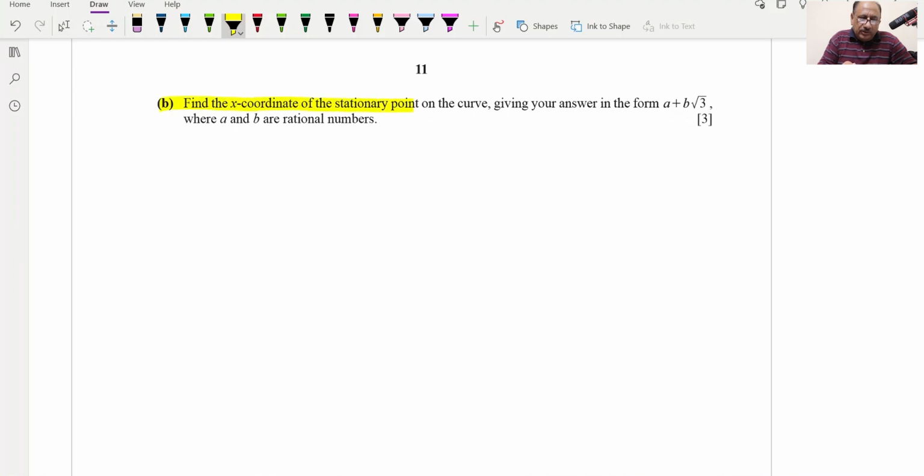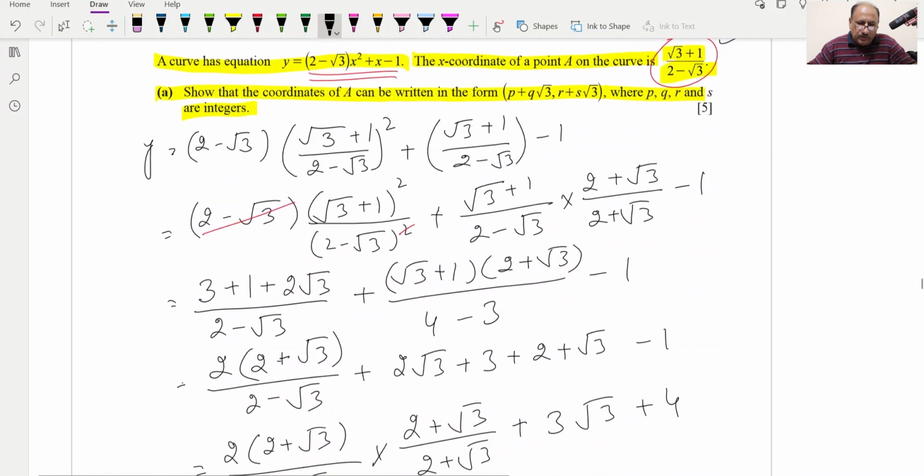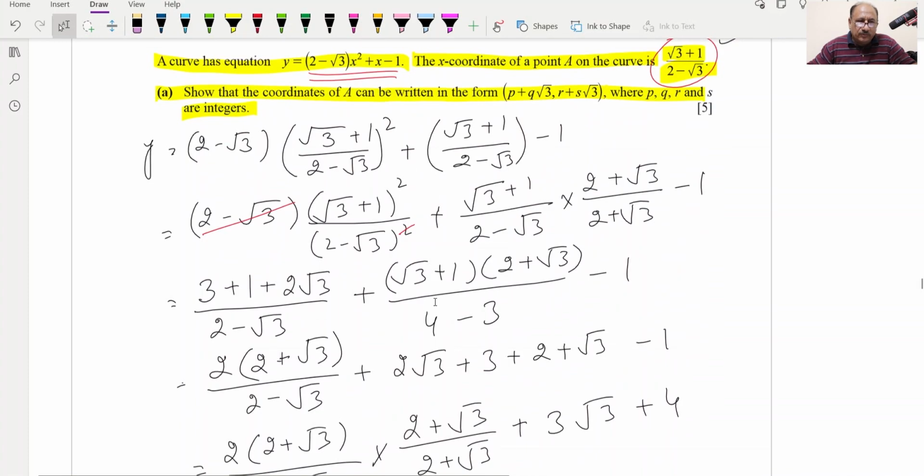Find the x coordinate of the stationary point on the curve, giving your answer in the form a plus b√3, where a and b are rational numbers. So we have the derivative given in the a part, which is (2 - √3)x plus, basically we have taken the derivative. The y value is given, so we can take the derivative of that.